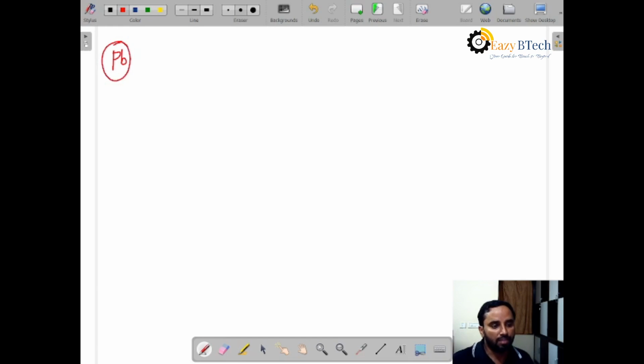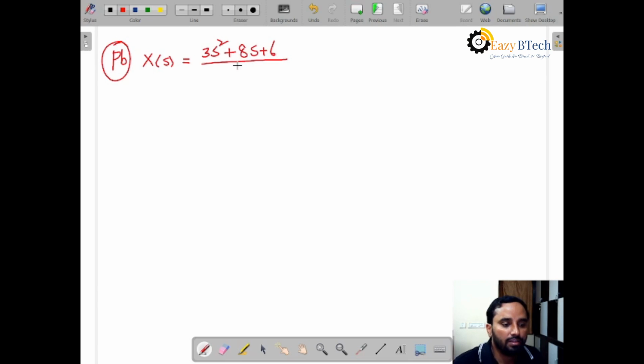Find inverse Laplace of x of s is equal to (3s square plus 8s plus 6) divided by (s plus 2) into (s square plus 2s plus 1).